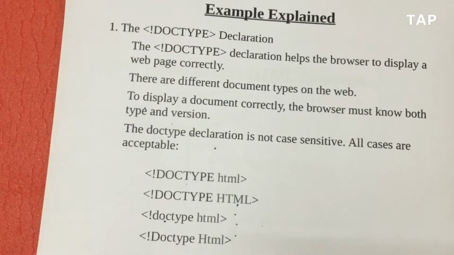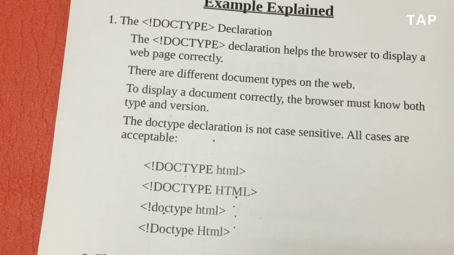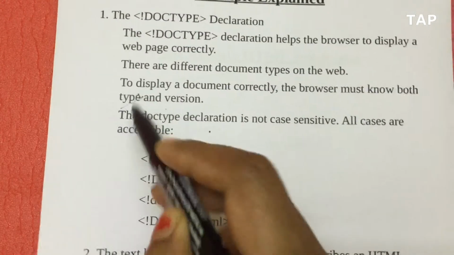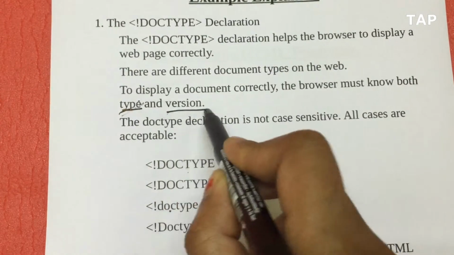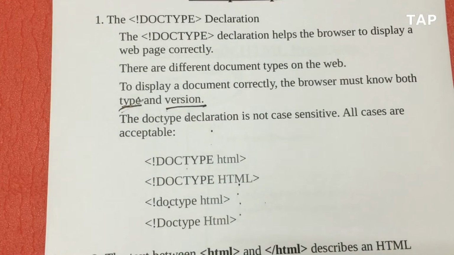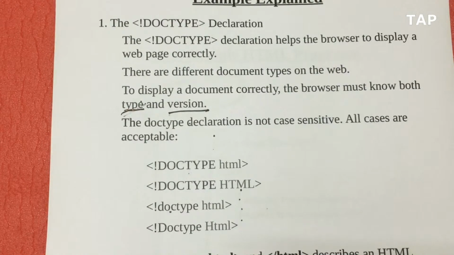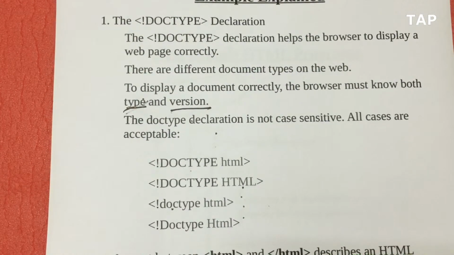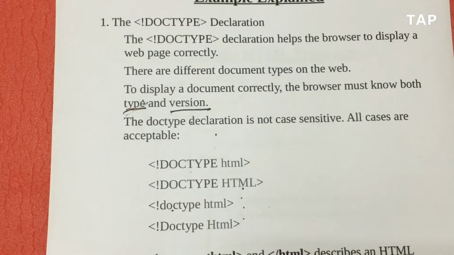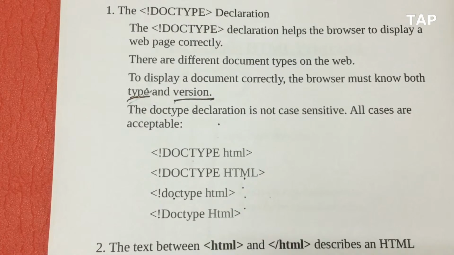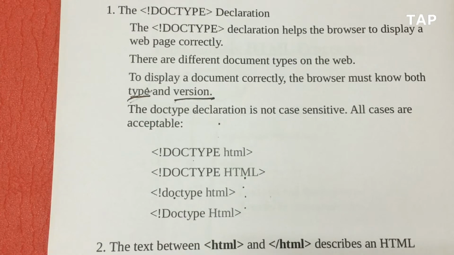Okay, so in the declaration only, the web browser must know the type and the version. Both it has to know, because there are different versions where the declaration is different and your web page will run as per that.